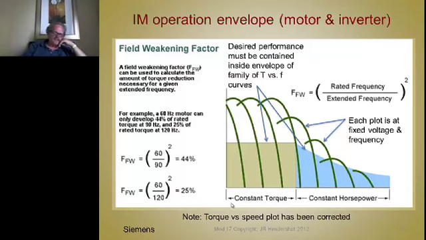These machines, of course, can be field weakened, or you can at least get the results of field weakening. Here's a whole family of torque speed curves.